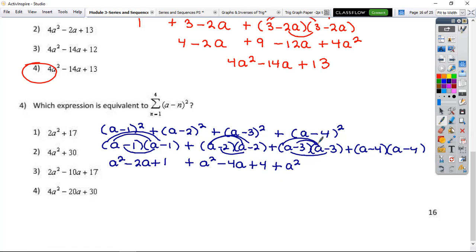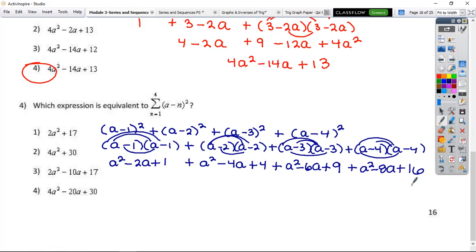Minus 3a is minus 6a. And negative 3 times negative 3 is 9. Lastly, a times a is a squared. Minus 4a is minus 8a. And plus 16. Okay, that still took a while, but I promise you that is much quicker than doing 4 boxes.